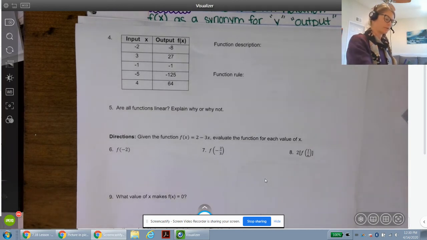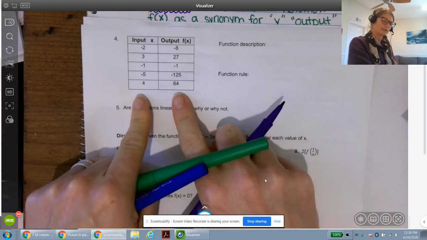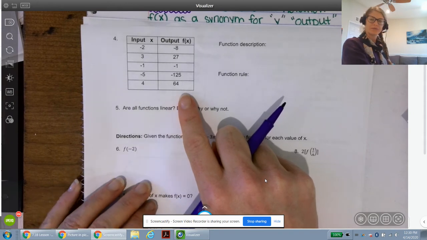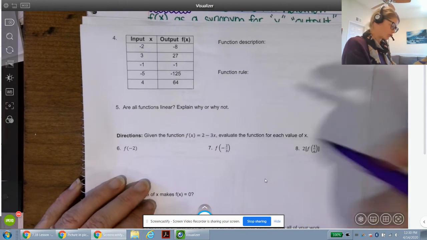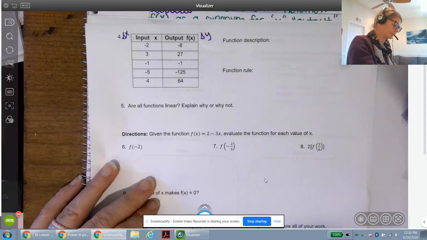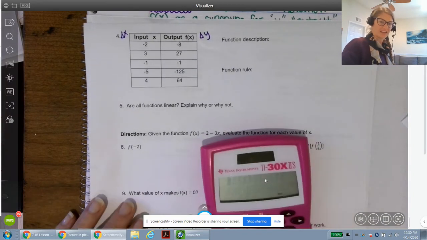Okay, so taking a look here, input, output, so x and y. And what we're going to look for is first we're going to see, maybe this is a linear relationship. So we want to find change in x and change in y. So I'm going to use my calculator to make it go faster.